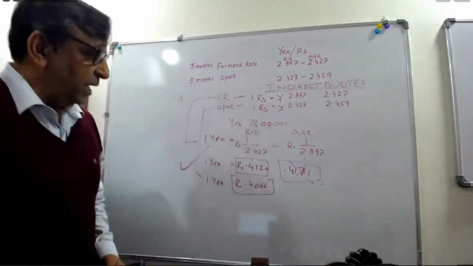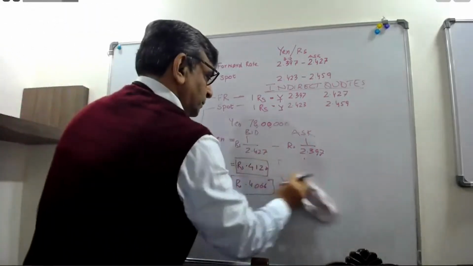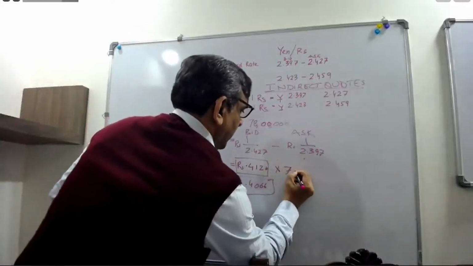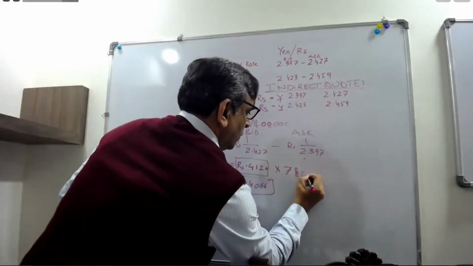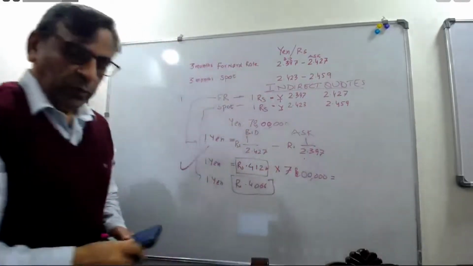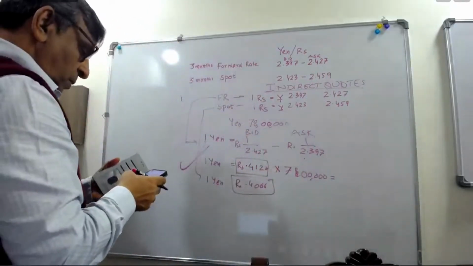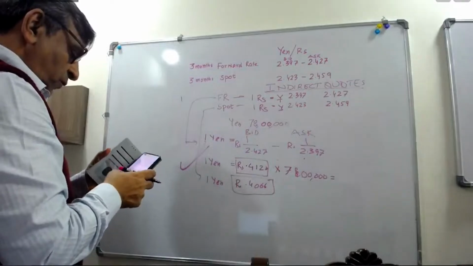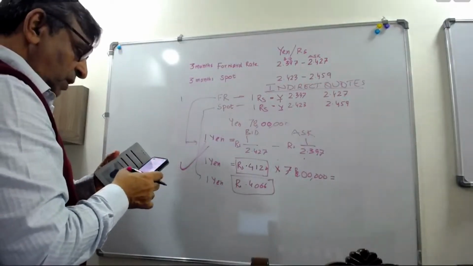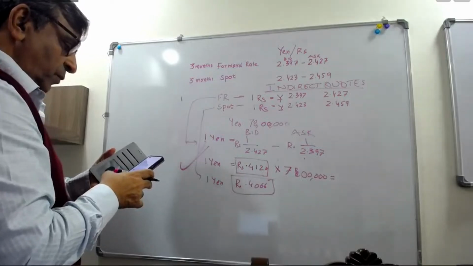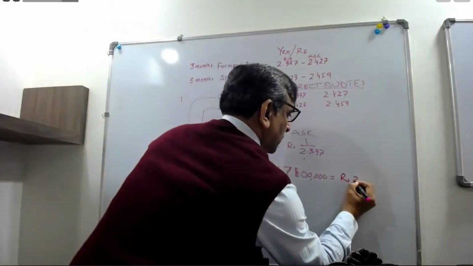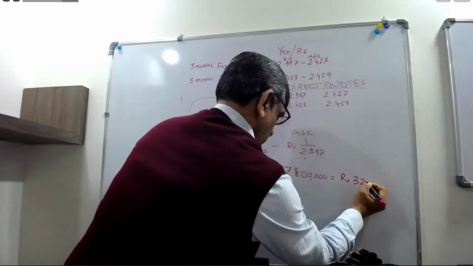So if you try to calculate his rupees also, let's see. If you multiply this by 78 lakh yen, how much will it come to? 0.4120 into 78 lakhs will come to rupees 32 lakh 13,000.